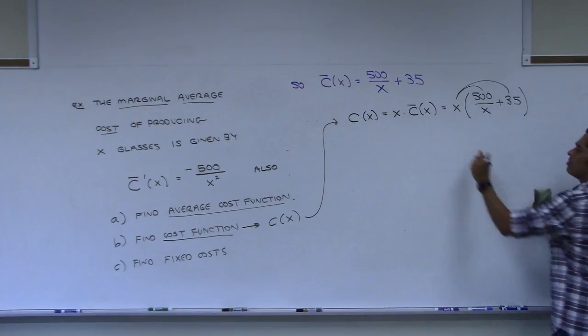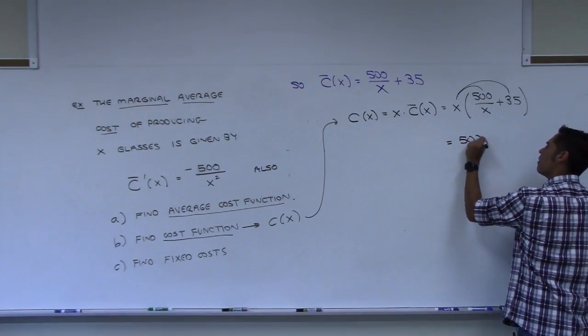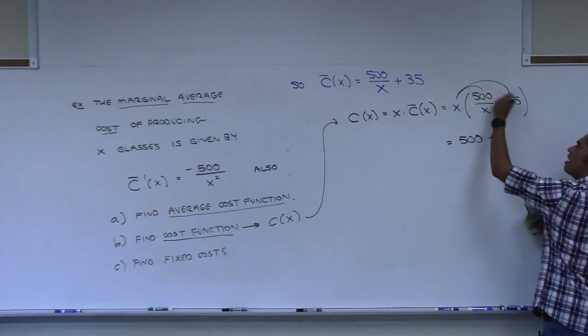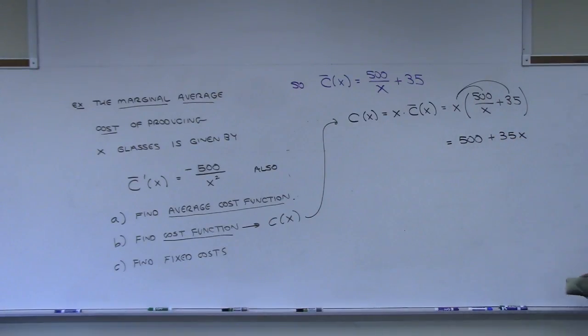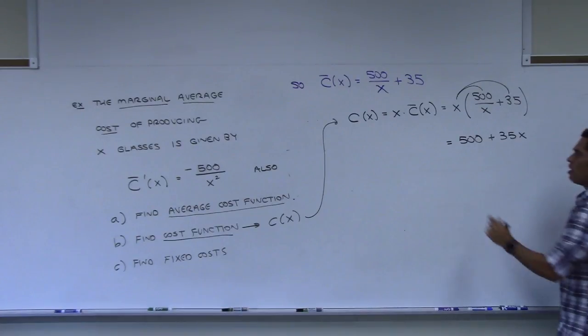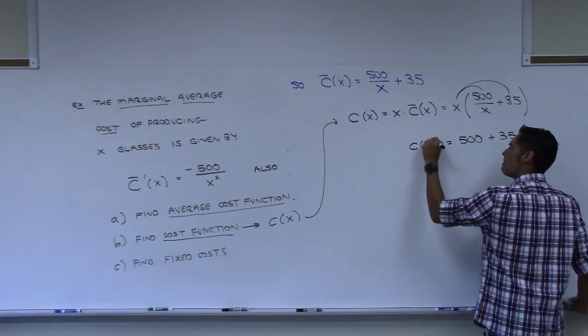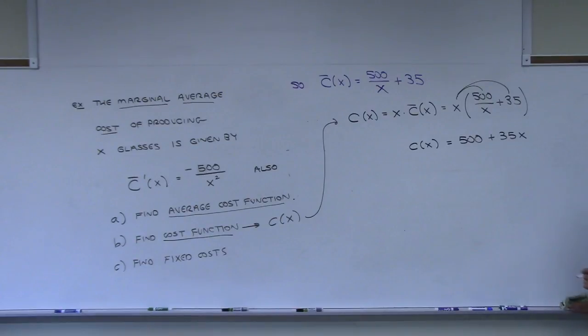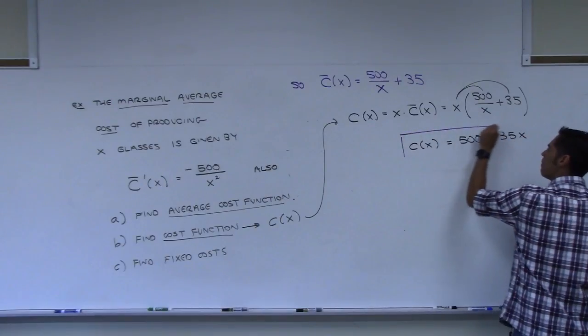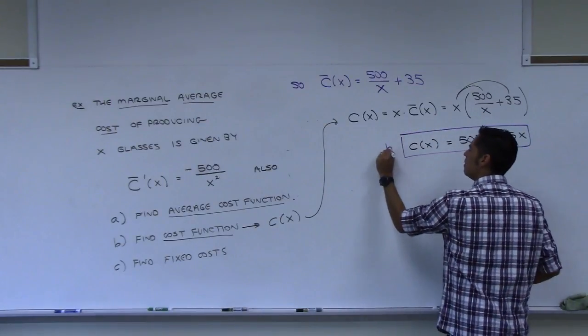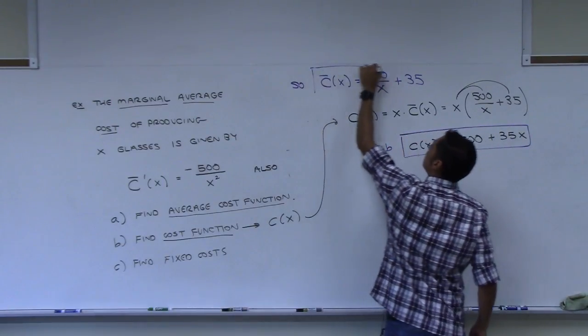They cancel, so you just get the 500. And then plus X times the 35, you get 35X. This is your cost function. Questions there? We have answered part B, haven't we? This is part B. This was part A.